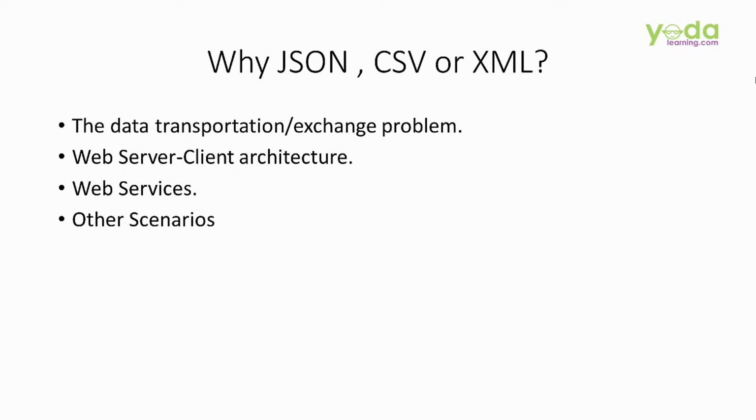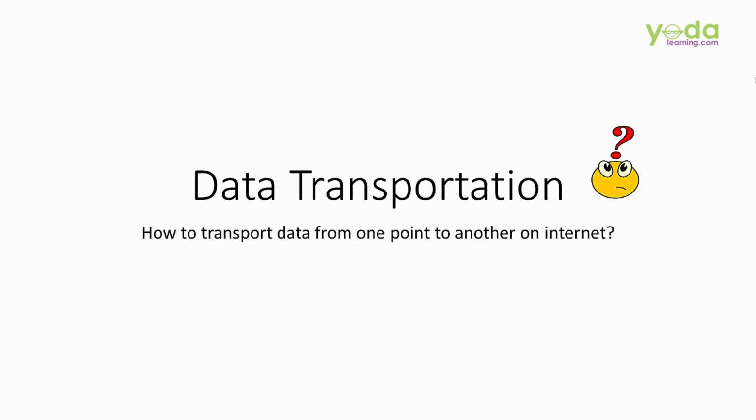So let's talk about the main problem, which is data transportation or exchange. Basically, whenever we are on the internet and we've got lots of points between which we have to transfer data, it could be from one PC to another, or from server to client, or from client to server.